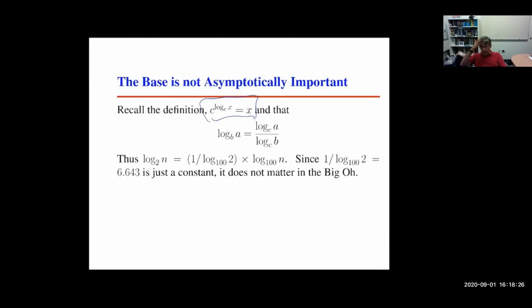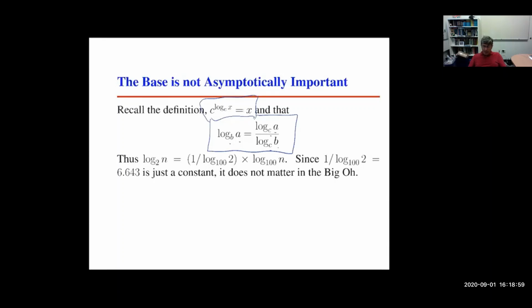One thing that's true or interesting is that there is a relationship between logarithms and their bases, which goes as follows. The log base b of a is equal to the log base c of a divided by the log base c of b. In high school, you saw this. You may not remember it, but you saw it.